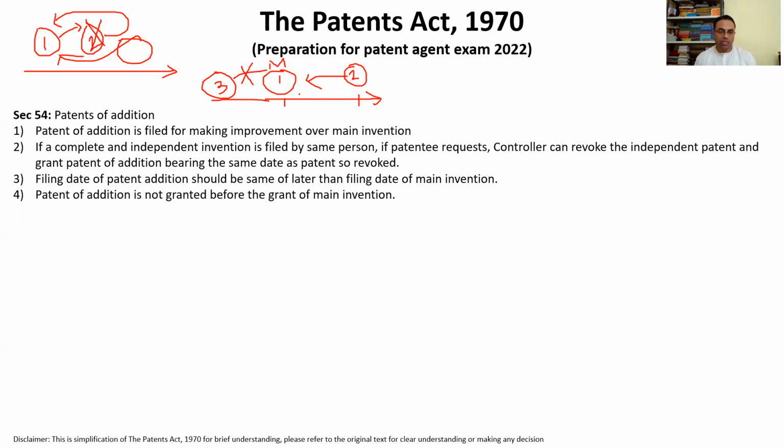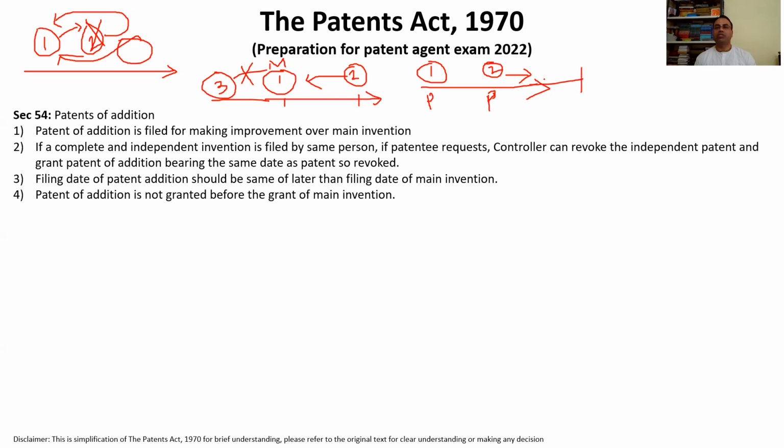Number 4 says a patent of addition is not granted before the grant of the main invention. Again we consider the same scenario. We have patent number 1, and then we file patent number 2. It may happen that there is some issue with patent number 1, so patent 2 gets granted first and patent 1 gets granted later.